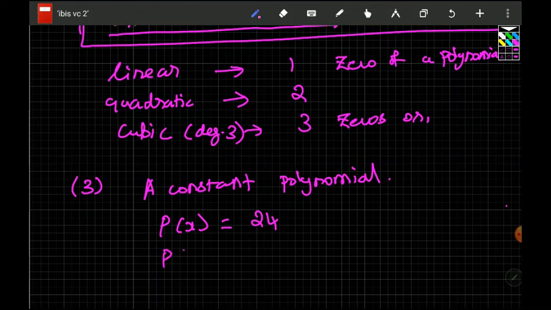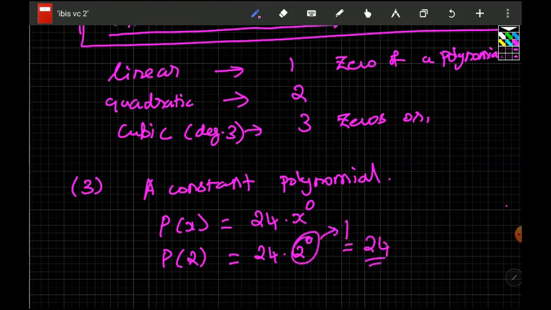If you would like to find the value of p of 2, where would we substitute? There is no variable present. Even if you assume some variable is present, it is x power 0, and anything power 0 is 1. So 24 times 2 power 0, that power 0 is 1. 24 into 1 is 24.